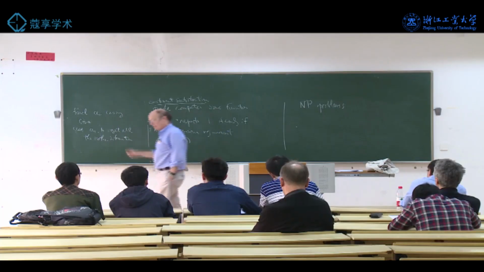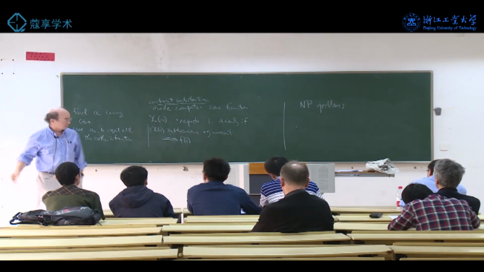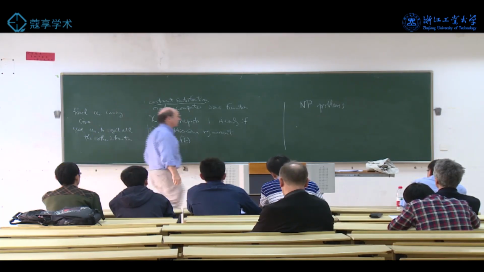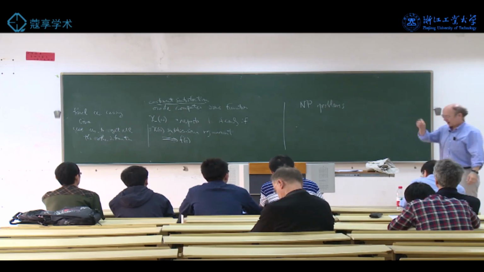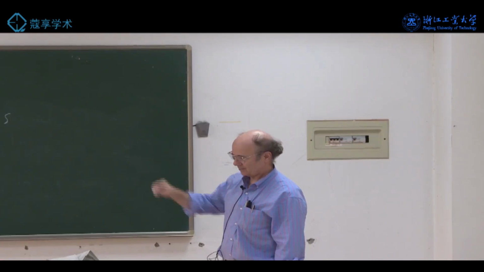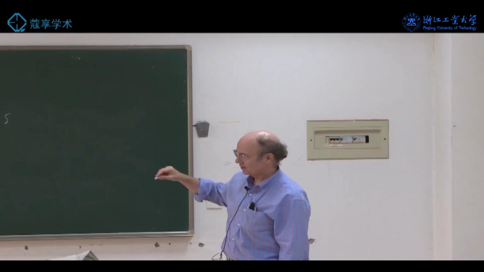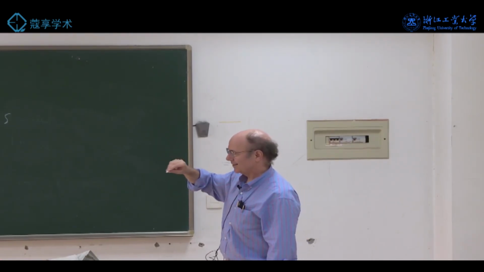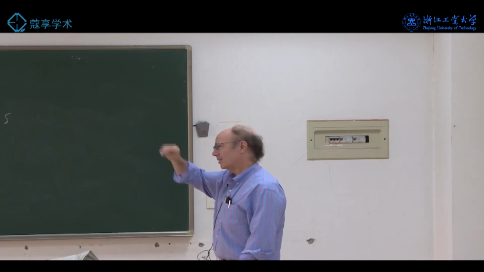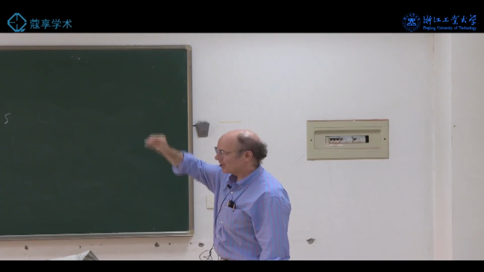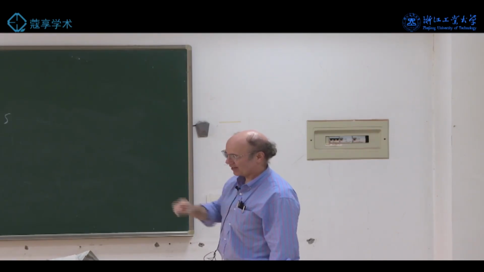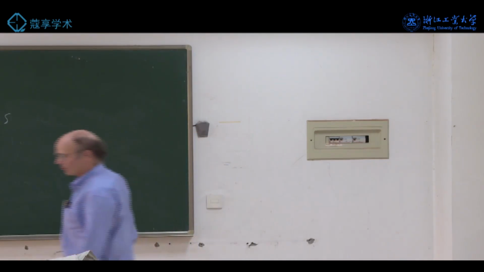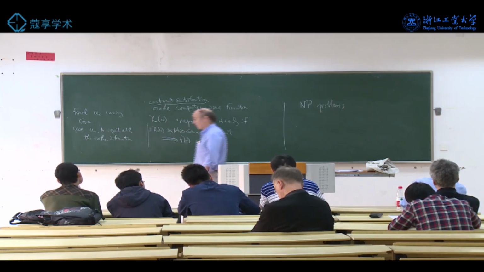NP stands for non-deterministic polynomial. These include things like traveling salesman, finding Hamiltonian graphs, that is circuits of graphs that continuously interpolate all the vertices of a graph once and once only, without self-intersections.